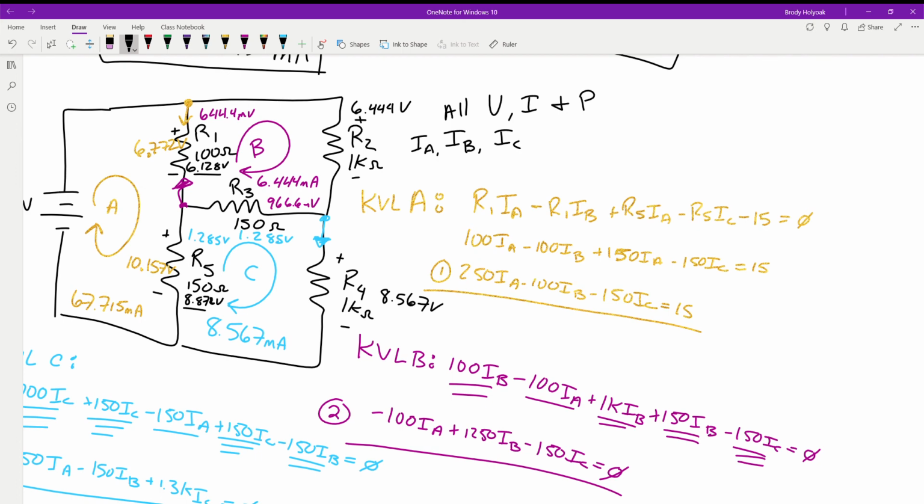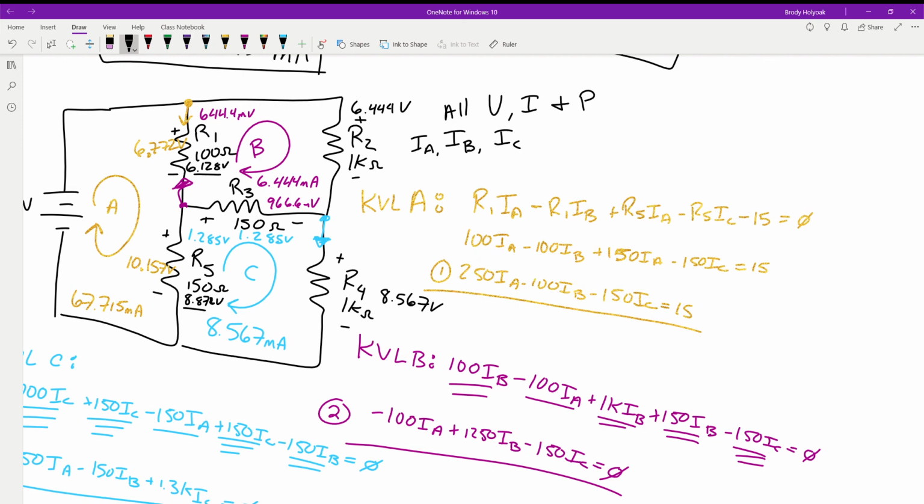The last one we have is across R3. So we've got 966.6 millivolts going this direction. We have 1.285 volts going this direction. So what polarity is R3 going to be from left to right? Positive to negative. Because at the very beginning, when we drew our loops, we assumed a conventional current flow, which was positive first.